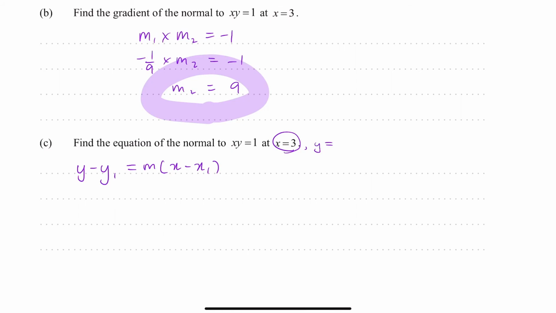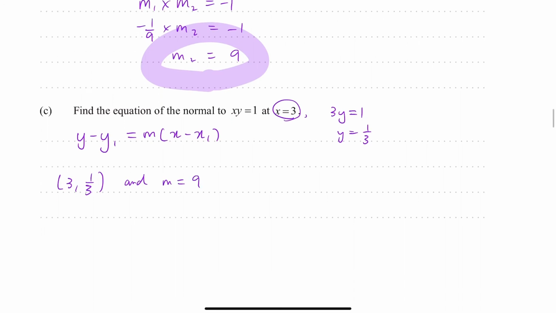So we can sub it into our equation, 3y equals 1. If x equals 3, then y equals 1/3. So for us, the point is (3, 1/3) and the gradient is -9.